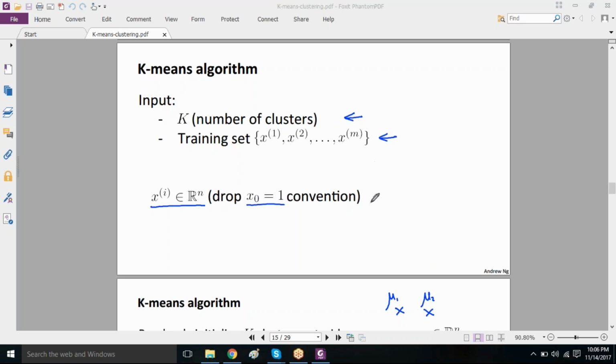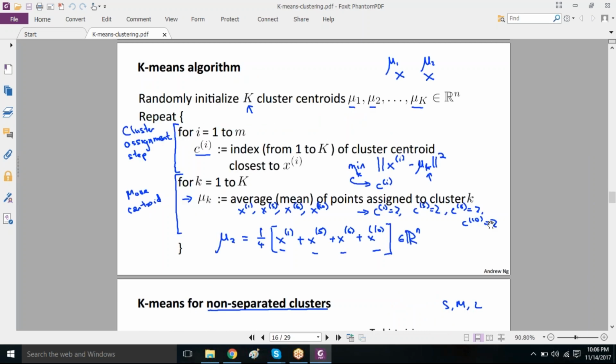Theoretically, this is the k-means algorithm which we have seen pictorially. Randomly initialize k cluster centroids first, cluster means basically, and then repeat both steps, cluster assignment and centroid update, the mean update. In the cluster assignment step, all the data points are assigned to the nearest cluster.